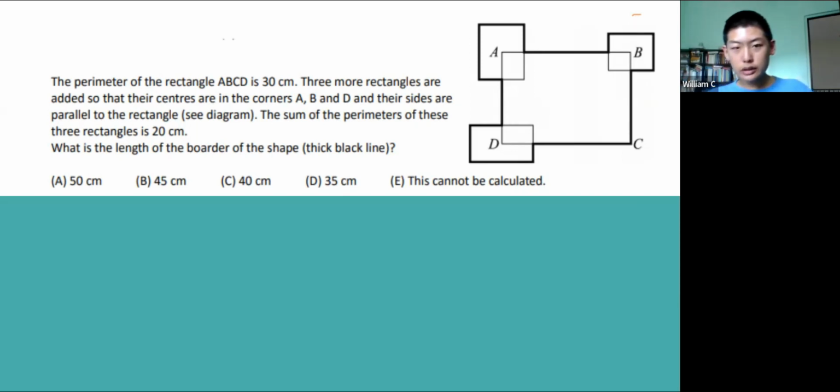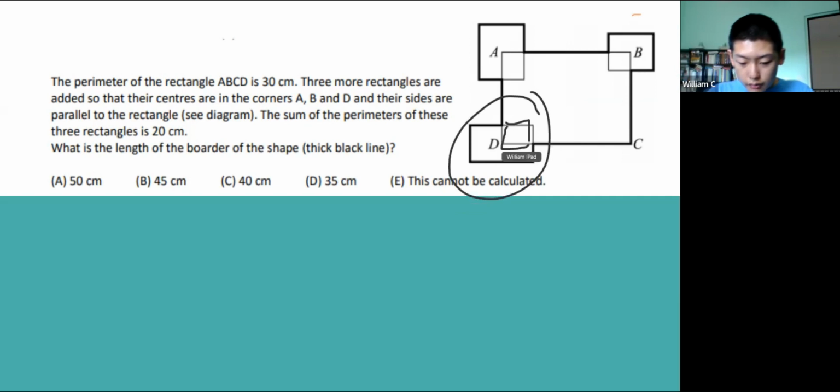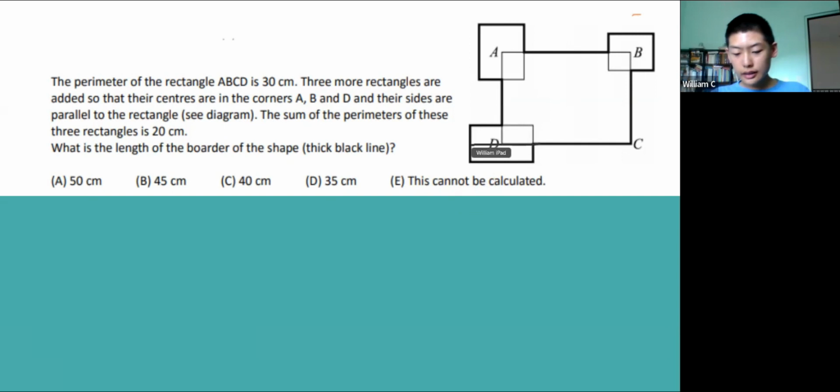Let's talk about this one. So we know that, look at square D first. Know that this length is equal to this length, equal to this length, and this length, because they're both sides of the rectangle. Therefore, let's calculate how much length is added when we add D. Let's add this line.